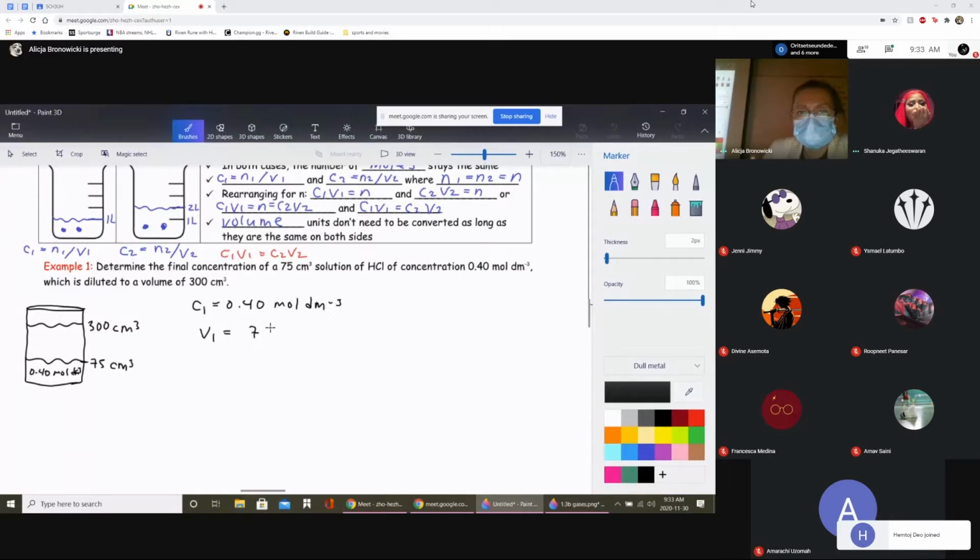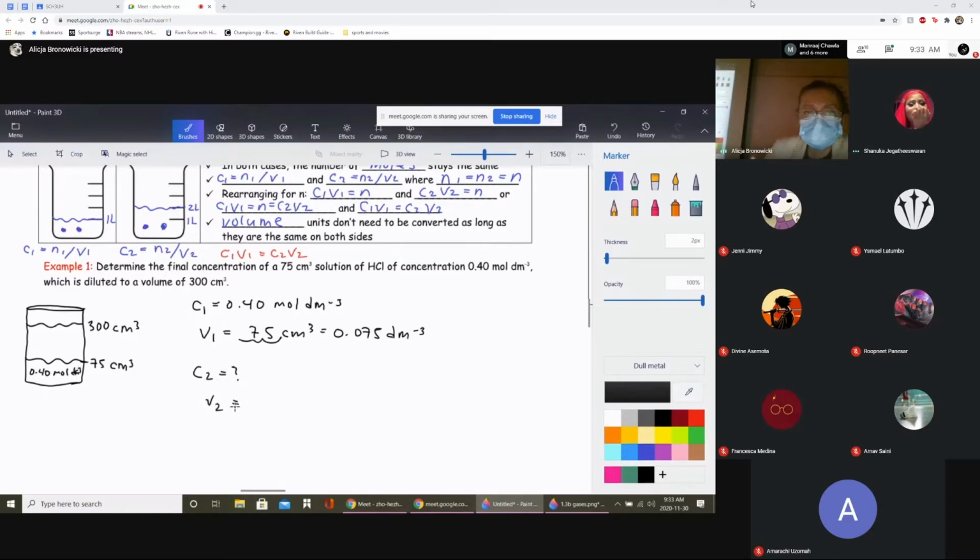So 75 cubic centimeters is 0.075 dm^3. So my second concentration, I don't know what my concentration is when I dilute this to 300 cubic centimeters. But I do know that my second volume is 300 cubic centimeters. So 1, 2, 3.